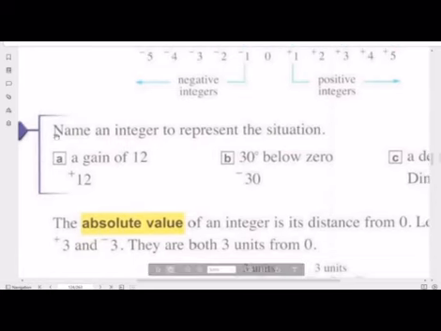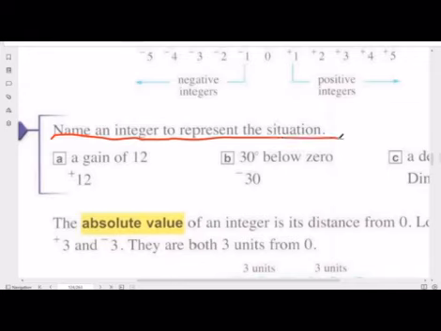And we have something else: name an integer to represent the situation. For example, 30 below 0. Below here means negative, okay? So 30 below 0 means -30.